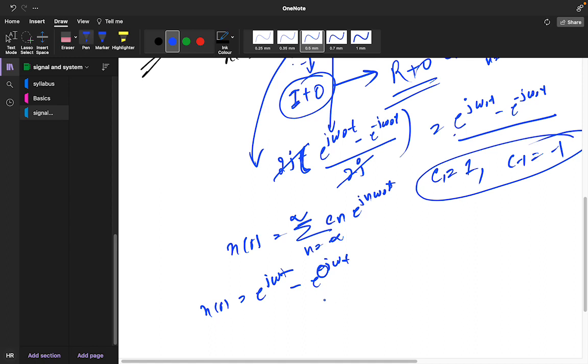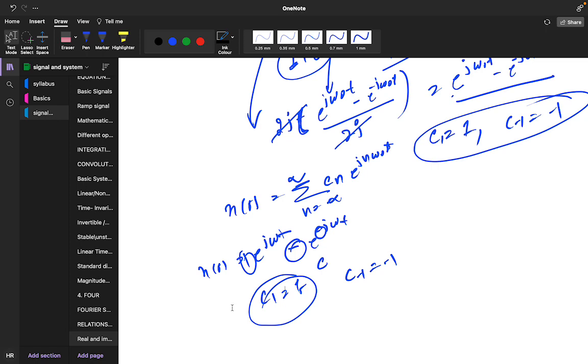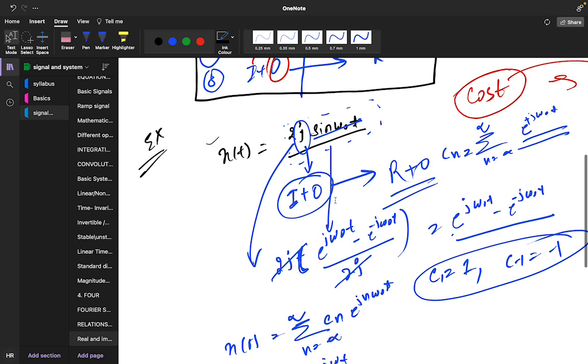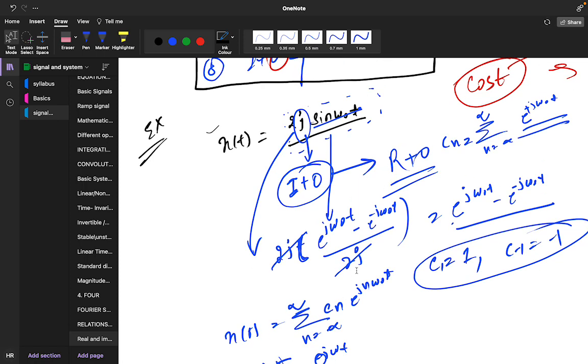So C of minus 1 is minus 1, and C of 1 is equal to 1. So what I am telling is, you can directly say that if the signal is imaginary plus odd, you will get a real plus odd C of n value.